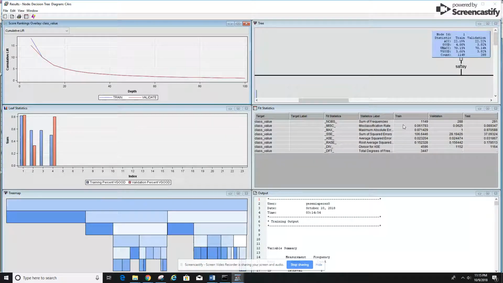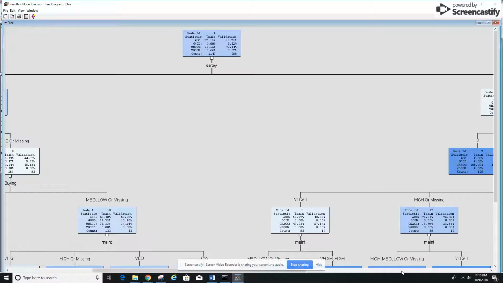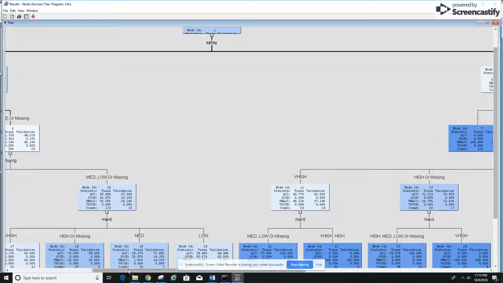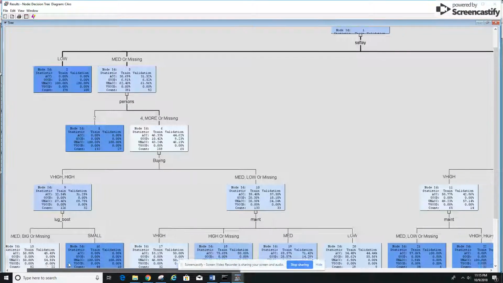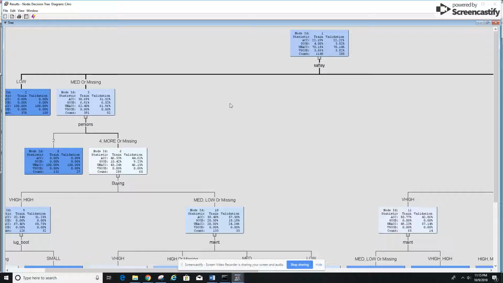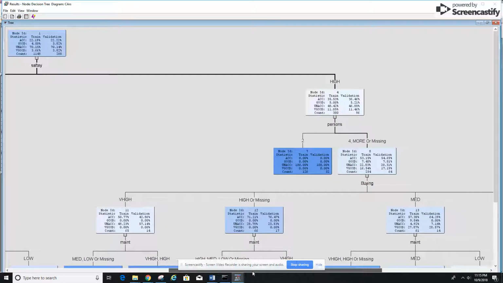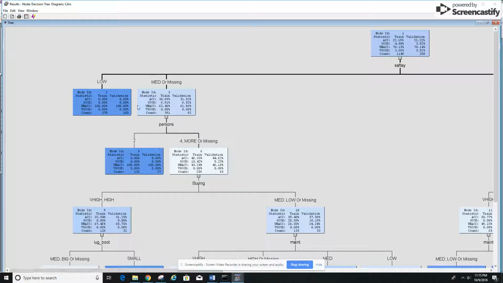All right, when we did that, our misclassification went down almost by half. When we look in here, we can see that these categories are split more accurately this way, and the unacceptable is 100% here, so that stopped categorizing it.